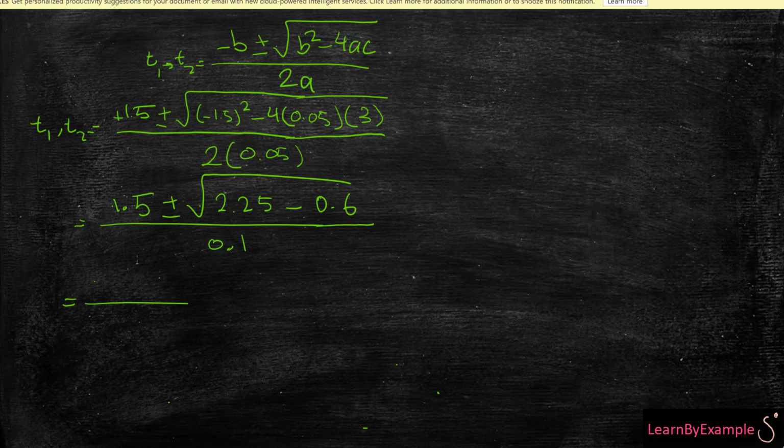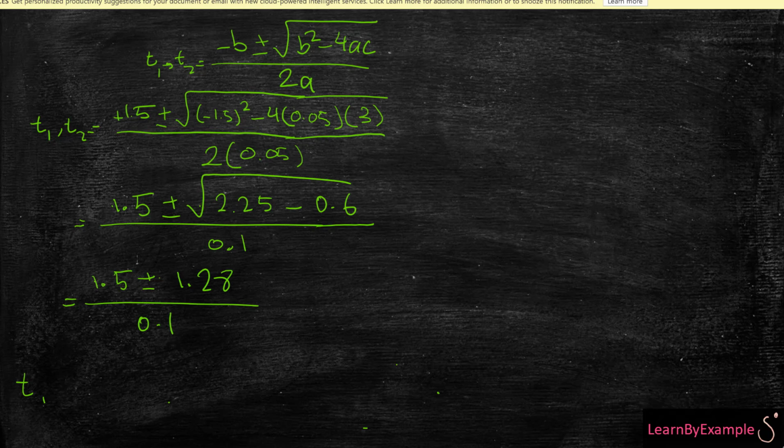Now, for my final step, I will write 1.5 plus minus. What I want to find out is what this square root means. So I will have 2.25 minus 0.6, which is 1.65. Square root of that is just going to be 1.28 over 0.1.